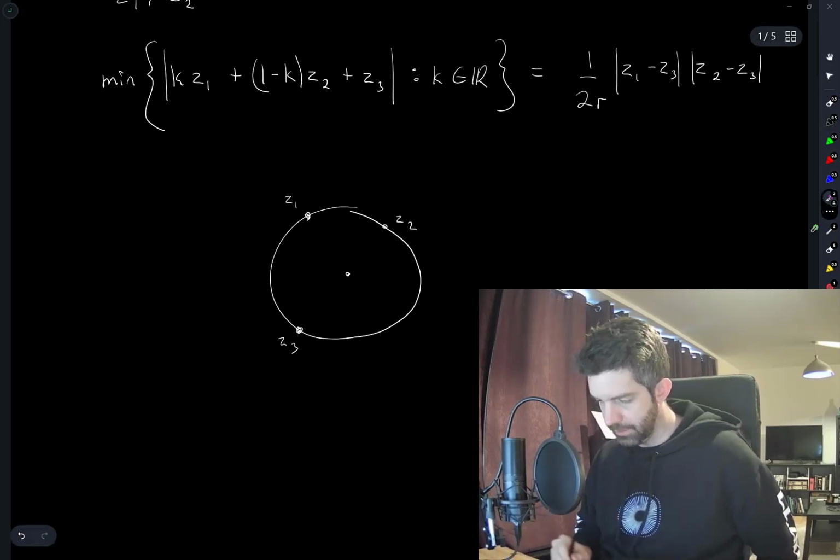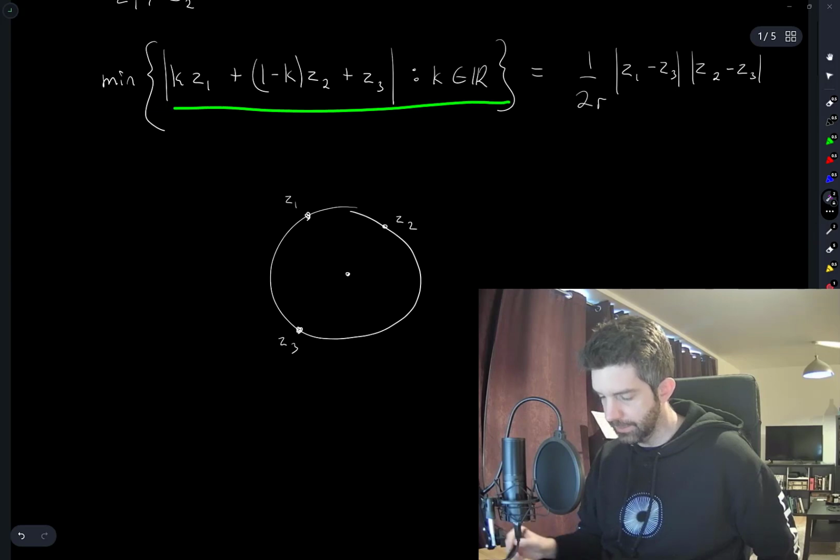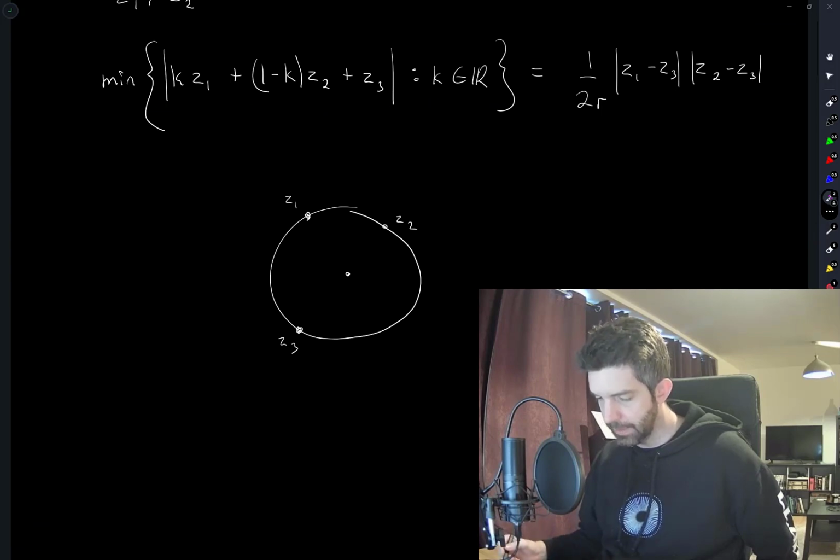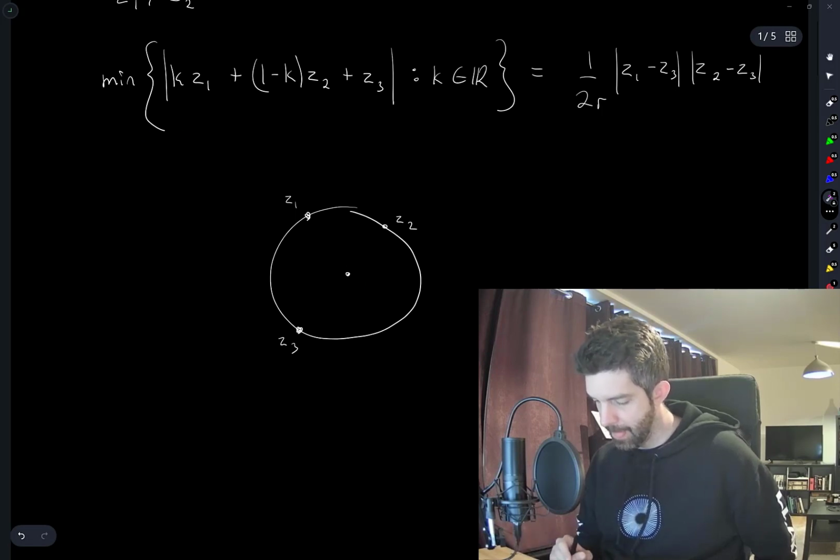I mean, maybe this is going to trace out a straight line in the plane. As k ranges over the reals, this will give us a line. And then we're asking for the point on the line closest to the origin.